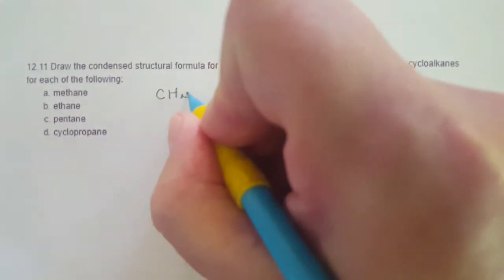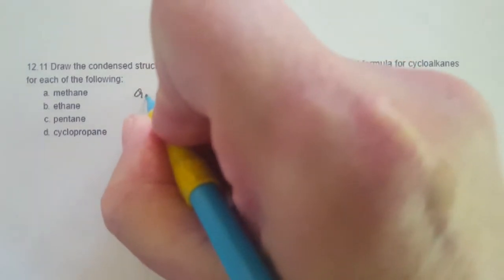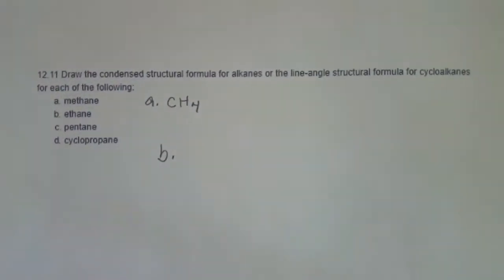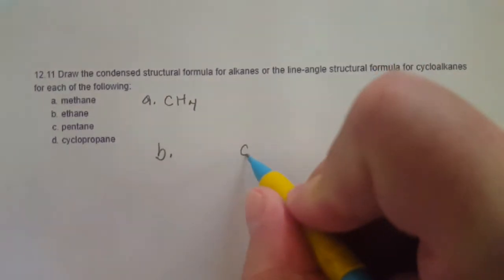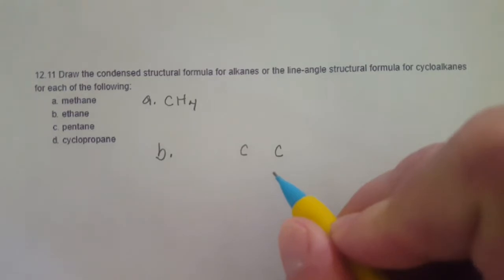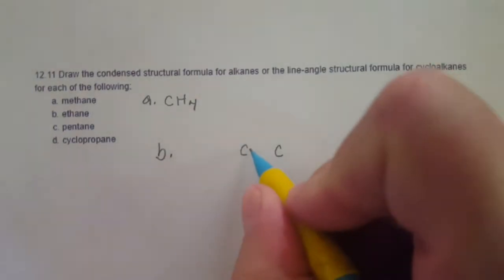And you fill in the rest with hydrogen. So this is CH4. So for B, ethane. So that's 2 carbons. And you fill in the rest with hydrogens.